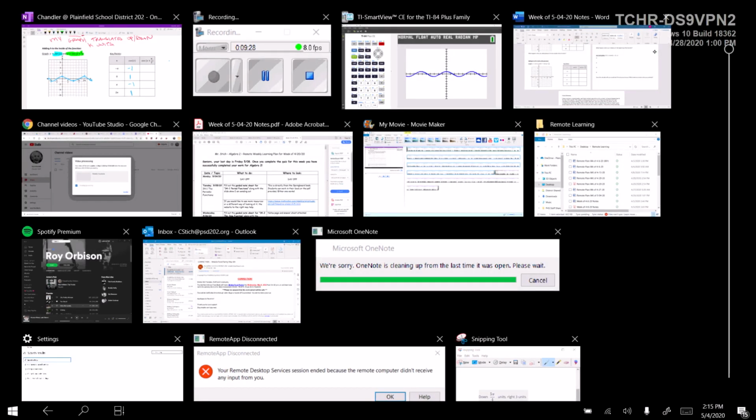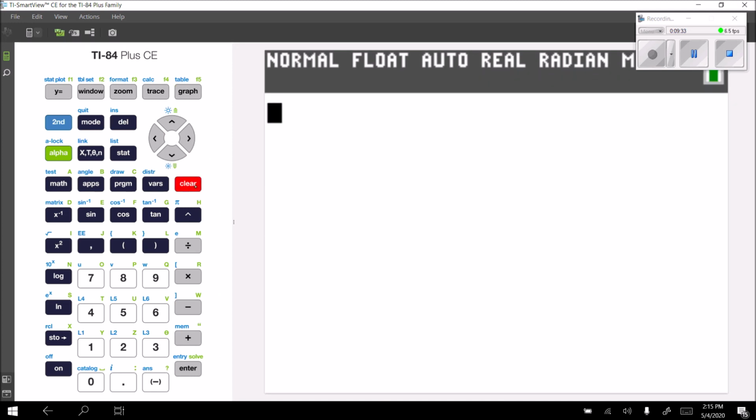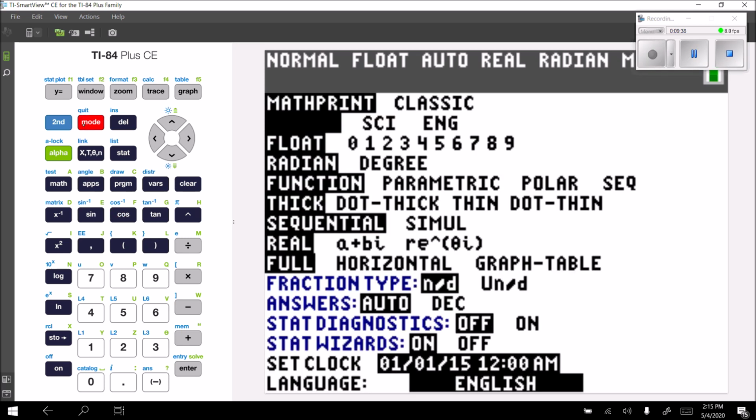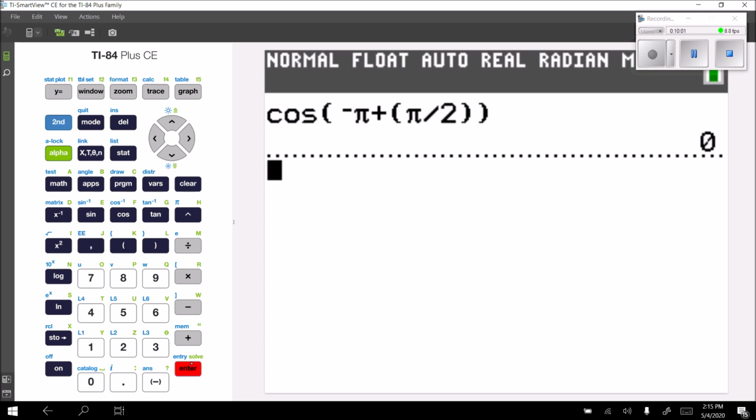Let's look at this. So we're going to do cosine of, we'll start with negative pi. Cosine of negative pi plus pi over 2, you get 0.